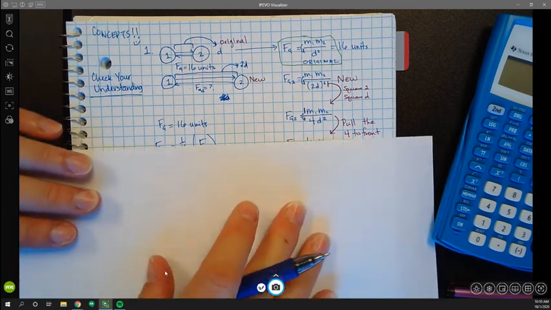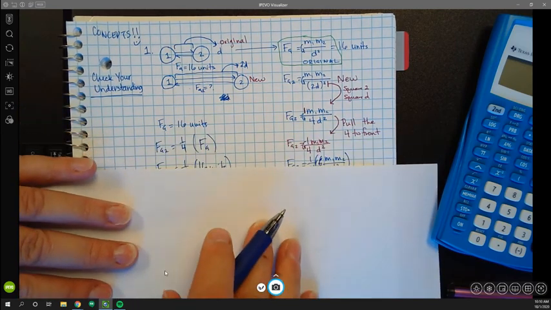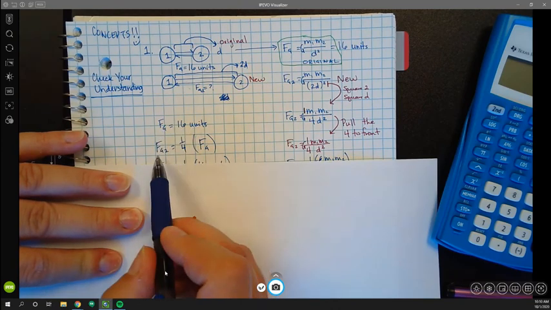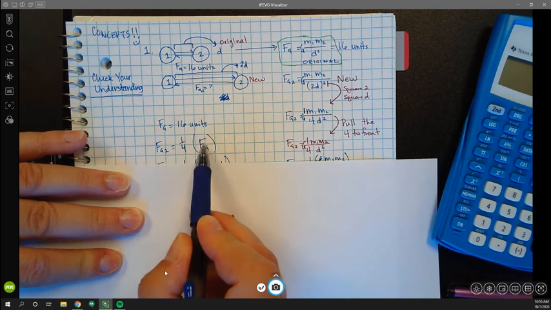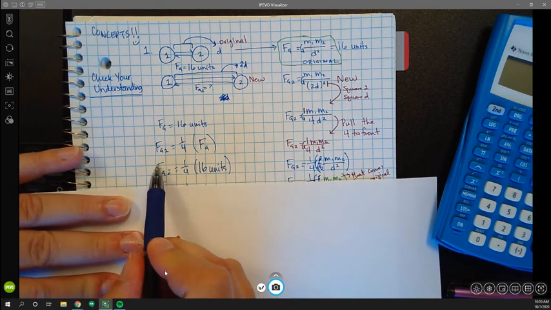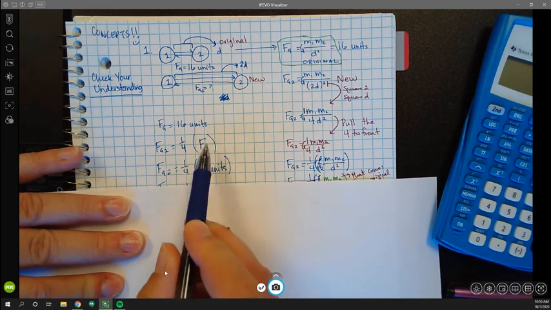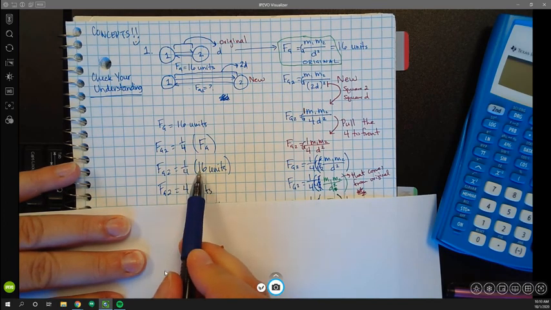So when I go through that process, I'll see that if the original force of gravity was 16 units, then my new force of gravity is 1/4 my original force of gravity. Then the new force of gravity is equal to 1/4 of 16 units. So 1/4 of 16 units is 4 units.